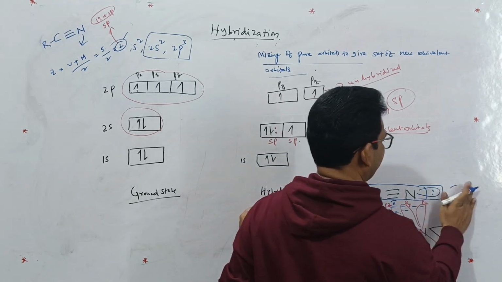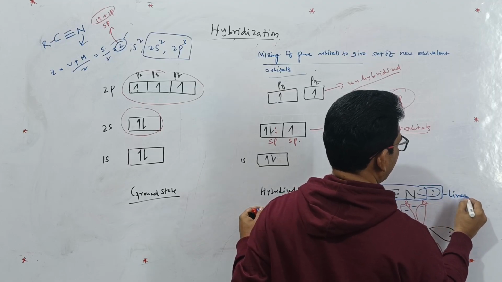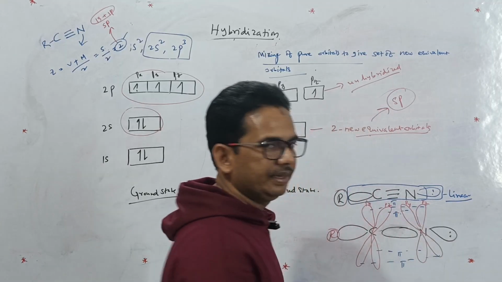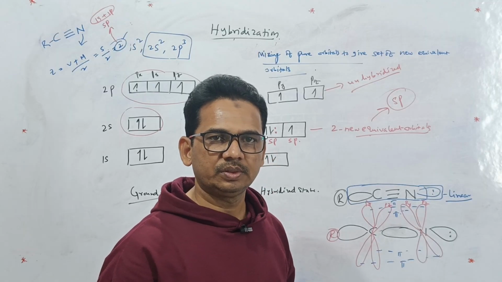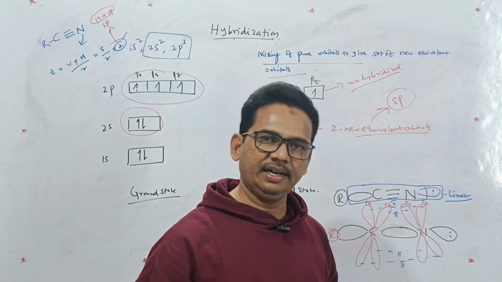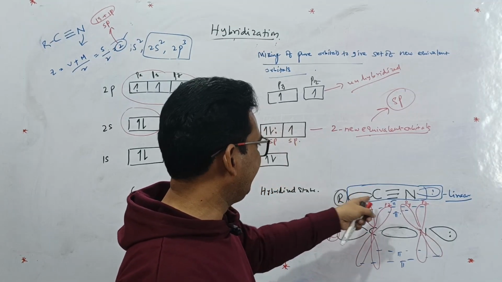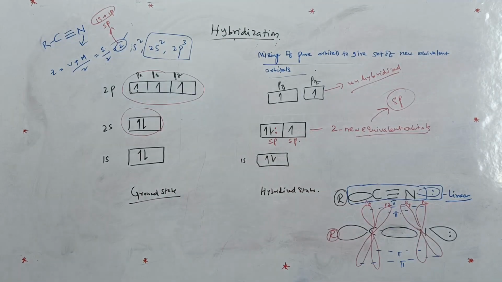Okay, but the shape you can say is linear. In case of sp2, trigonal pyramidal it is called. In case of sp3, tetrahedral. But in case of sp, it gets the linear shape.